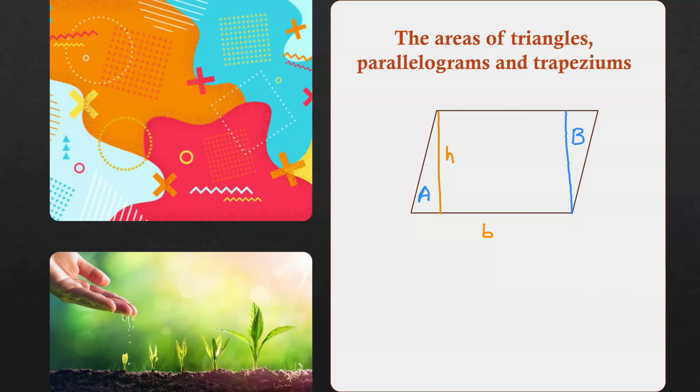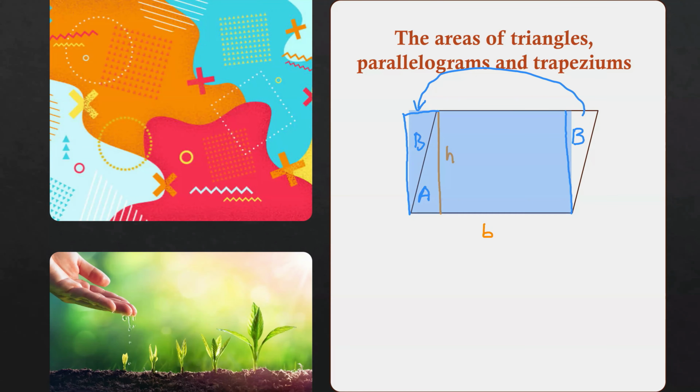So I'm going to swap B over to this side, and the area of the rectangle shape is going to be exactly the same. I'm going to draw that.